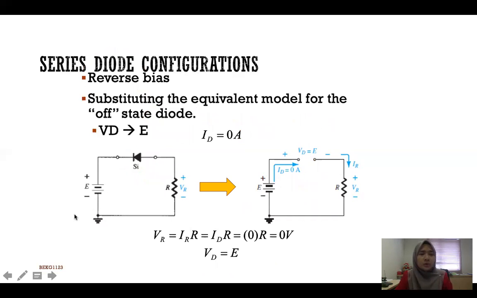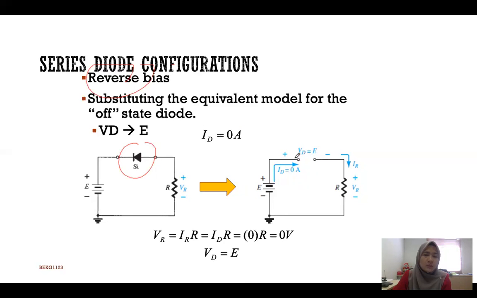Next, what happens during reverse bias? During reverse bias, the symbol of the diode should be like this, the opposite of the forward bias. During reverse bias, this diode will become an open circuit because ID is equal to 0.